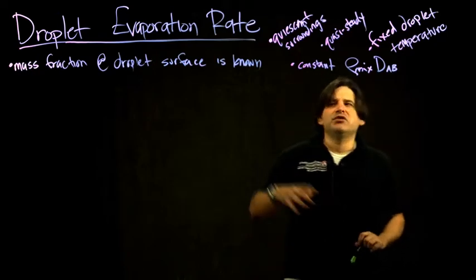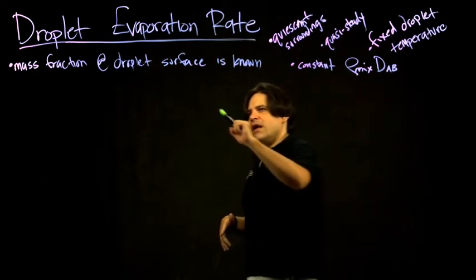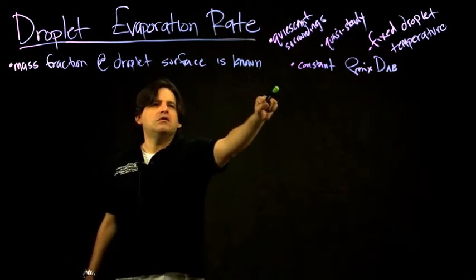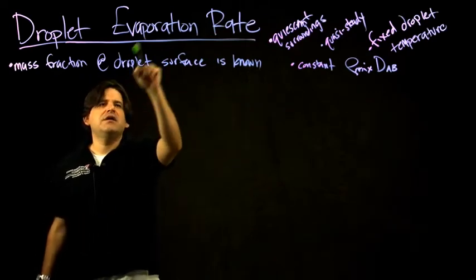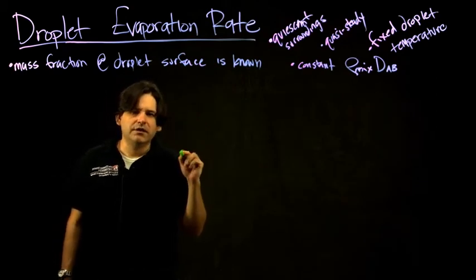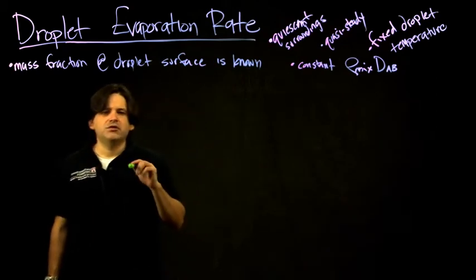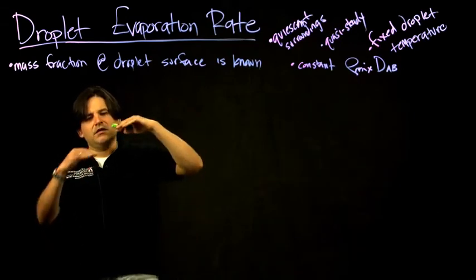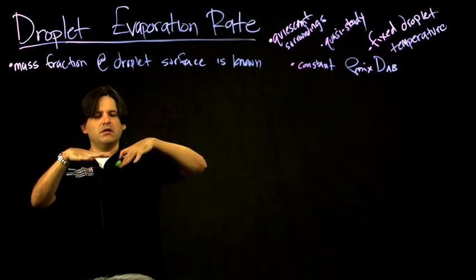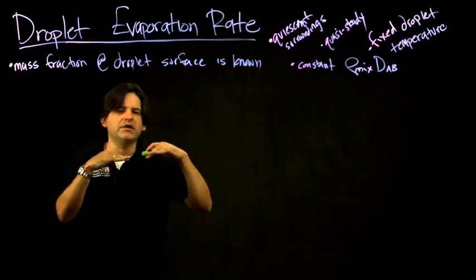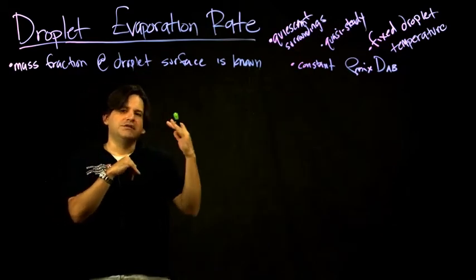Fixed droplet temperature that we're analyzing, and this is the thermodynamic part. You know the mass fraction at the droplet surface, which can be found using correlations between the surface and the interface, the thermodynamic or mixture properties of the surface of the liquid droplet versus the surrounding.